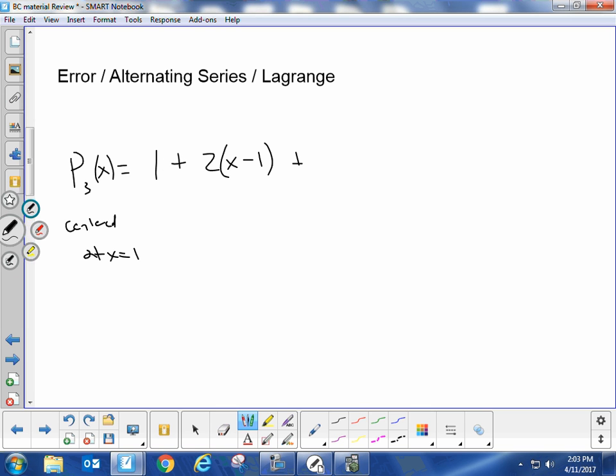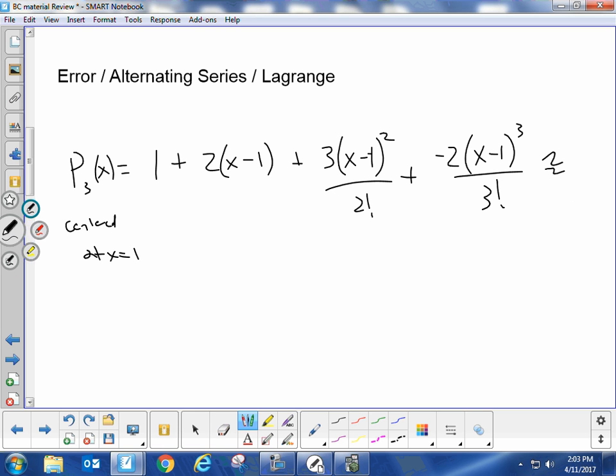Then I'd say maybe the second derivative would be 3(x − 1) squared. Notice I'm using 1 here for c. And then for my 3rd degree, let's say the next derivative would be that. And there's my 3rd degree Taylor polynomial. Now this approximates f of x around x equals 1.